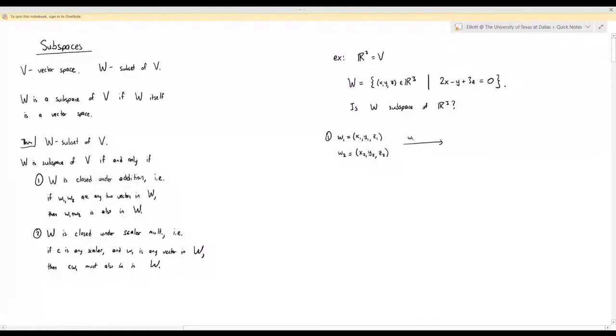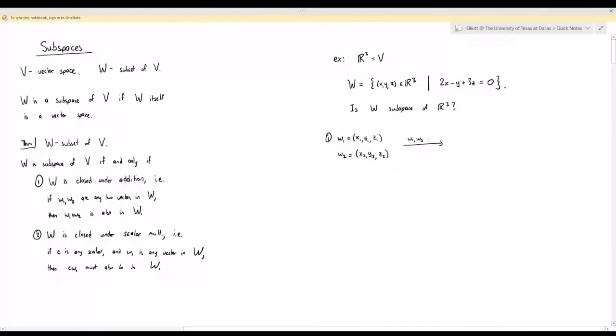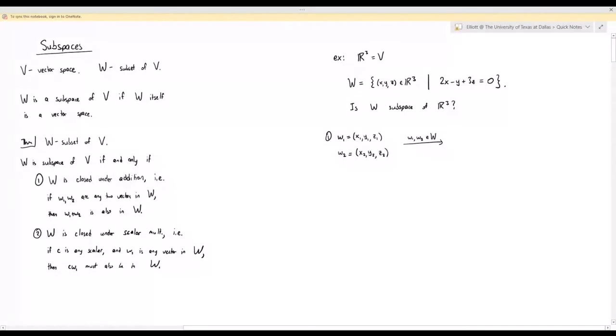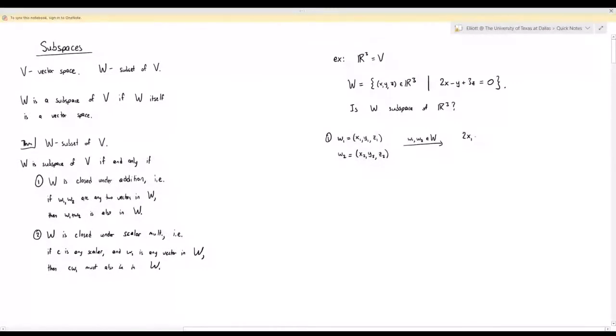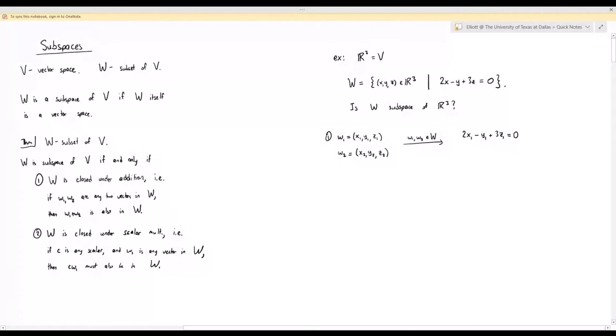I'm assuming that these two vectors are in the set W. In this specific problem, that means that these two vectors must satisfy this equation. We don't know the numbers x1, y1, z1 exactly, but we do know that those numbers satisfy this equation, since we're assuming that W1 belongs to W. Likewise, the components of W2 also satisfy this equation as well.